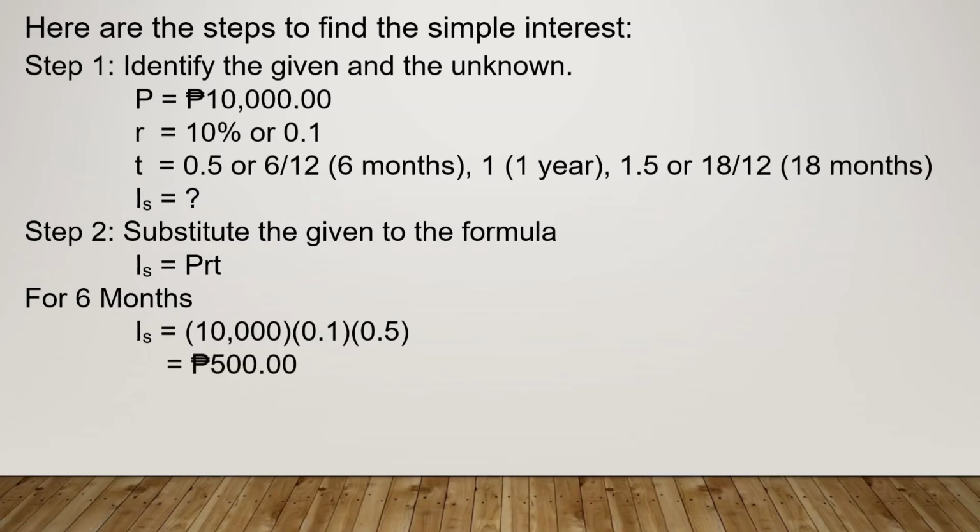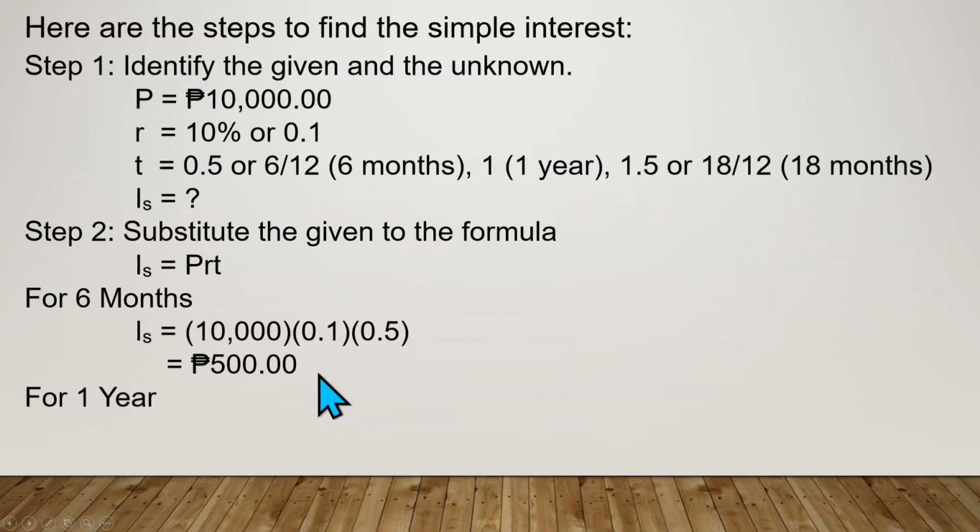Then, perform the operation. 10,000 times 0.1 is 1,000, times 0.5 is 500. So, for 6 months, the simple interest is 500 pesos.